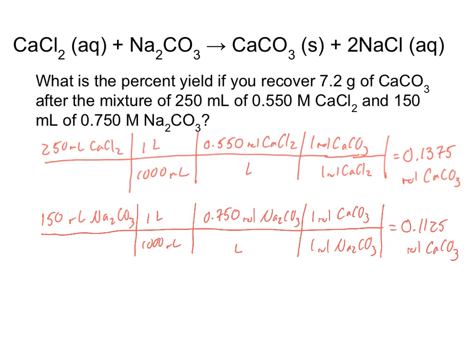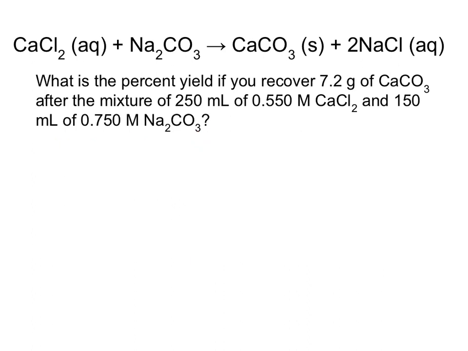And so, since that is less than we receive from starting from calcium chloride, we see that sodium carbonate is going to be our limiting factor, and we will be able to form 0.1125 moles of calcium carbonate.